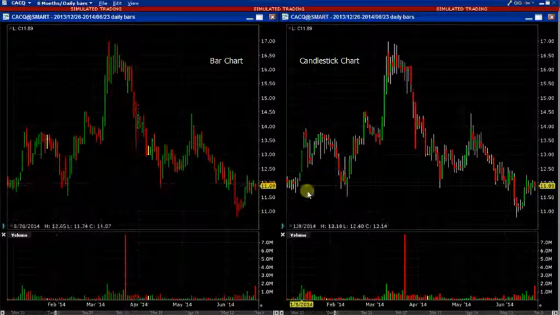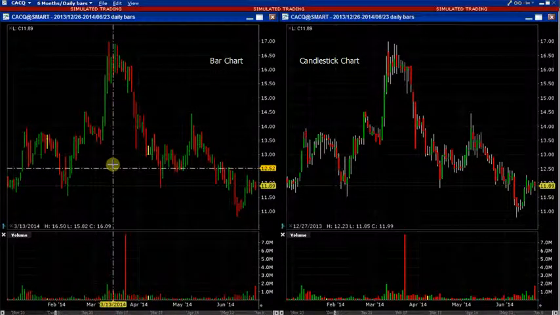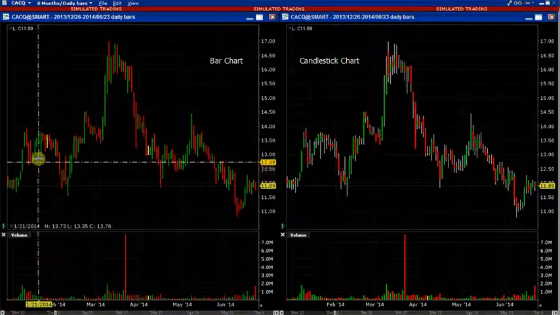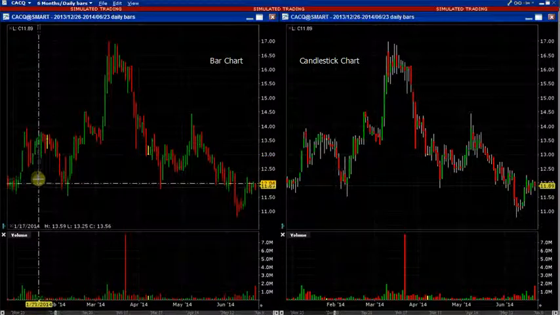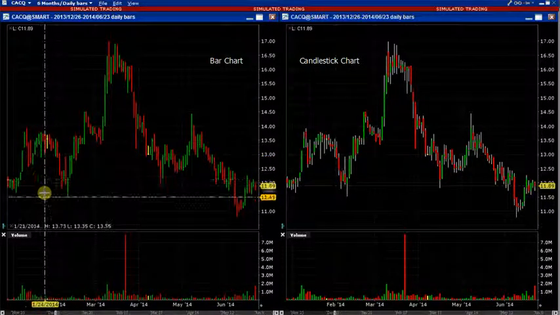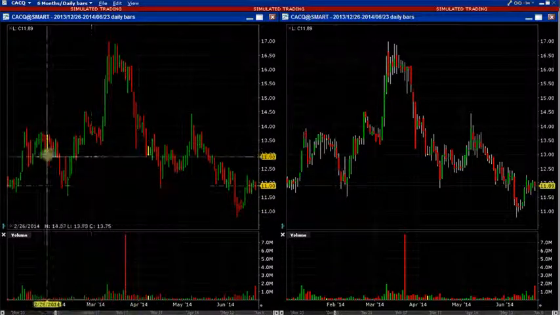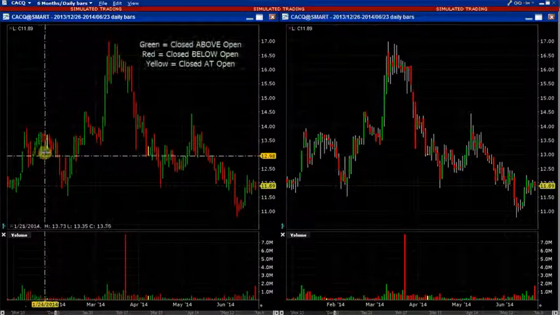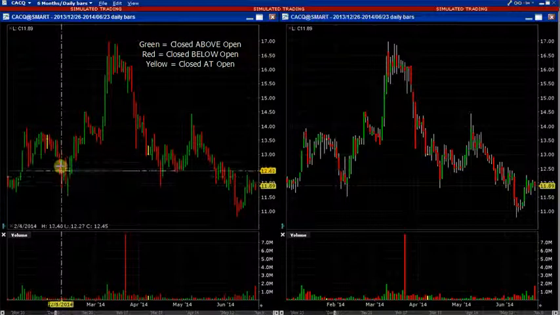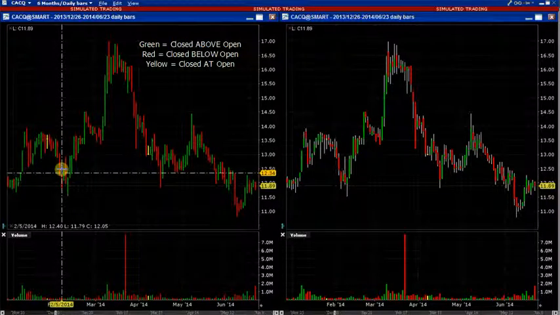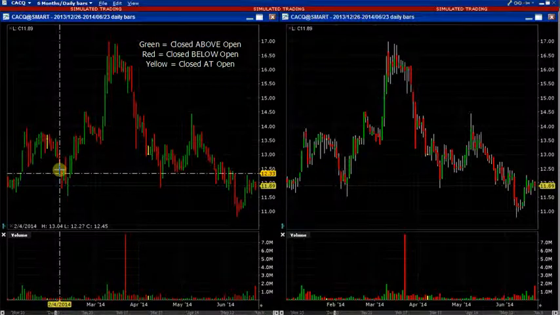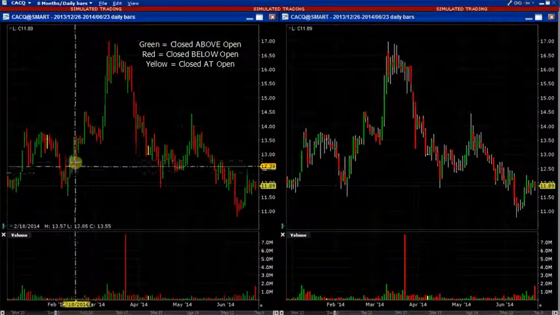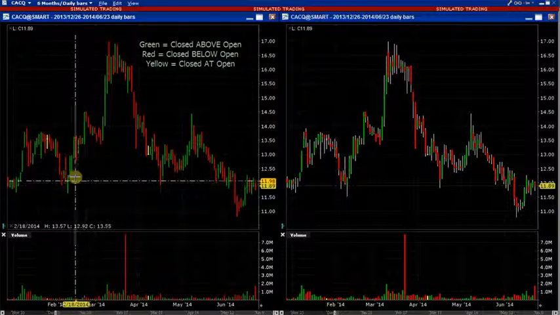The difference between the two is that a bar chart will show, though it's hard to see on the video, an entry. It'll show three things as far as colors go. It'll show a green, which means it closed above the open, a red line, in this case on a daily, which will mean it closed below the open, and a yellow line, which means it closed at the same price as it opened.